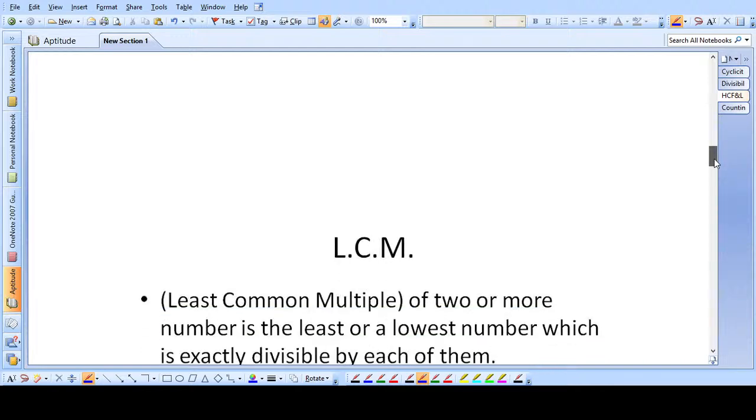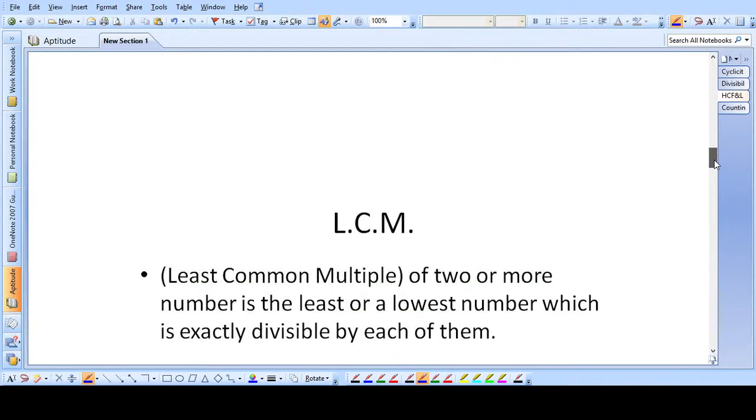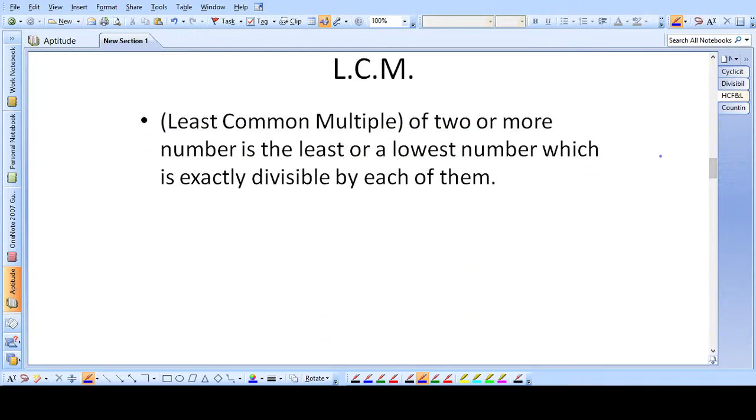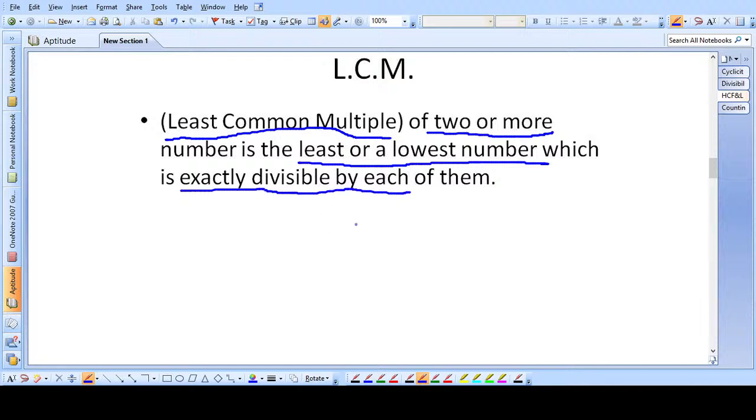Now let's see what is LCM. Let's take LCM first. Okay, now LCM is what? It is the least common multiple. So the LCM of two or more numbers is the lowest number which is exactly divisible by each of them. So here that number will be divisible by both the numbers given to us.